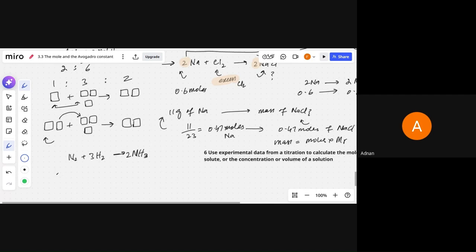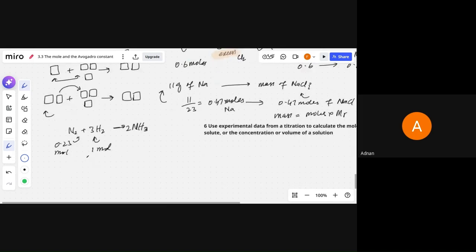For example, 0.23 moles of nitrogen is reacting, and instead of excess, I'm writing, let's say, one mole. So now I changed the moles for both the reactants, and this is not following the standard ratio. The question is: 0.23 moles of nitrogen are reacting with 1 mole of hydrogen gas. What will be the amount of ammonia produced?